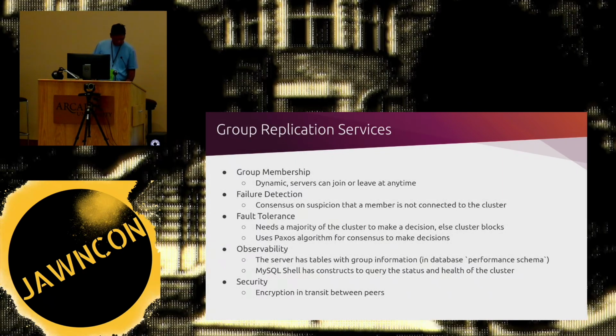So what does group replication give you? It's dynamic. It allows servers to join or leave at any time. It's a group of nodes that are inherently connected through some protocol. It allows for failure detection.